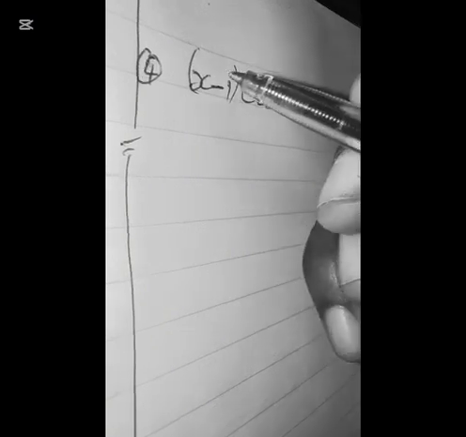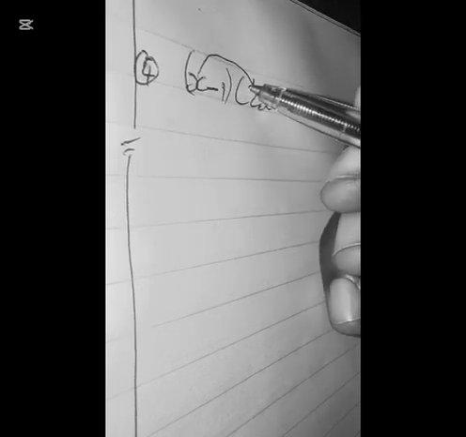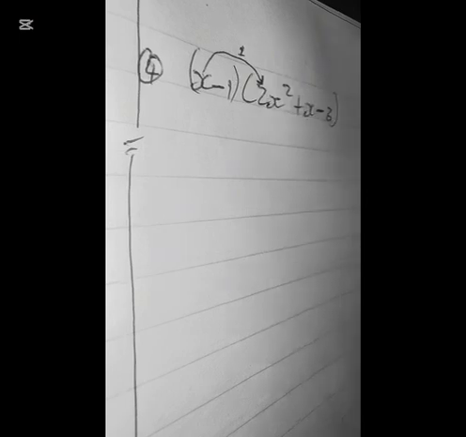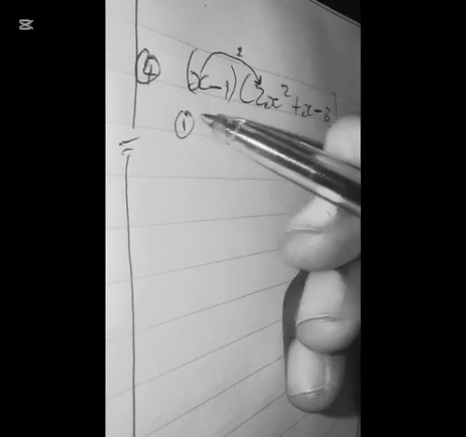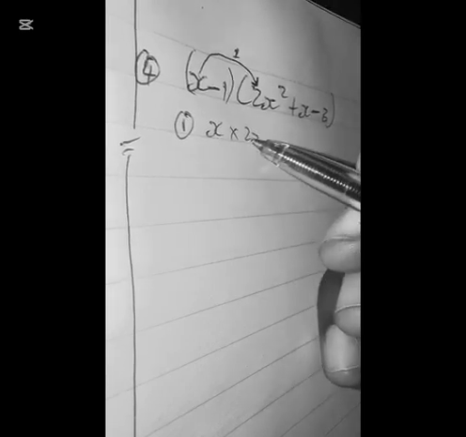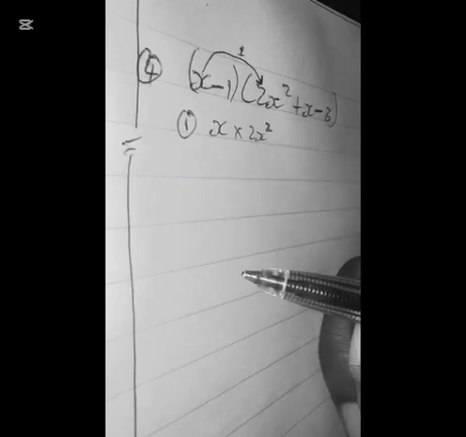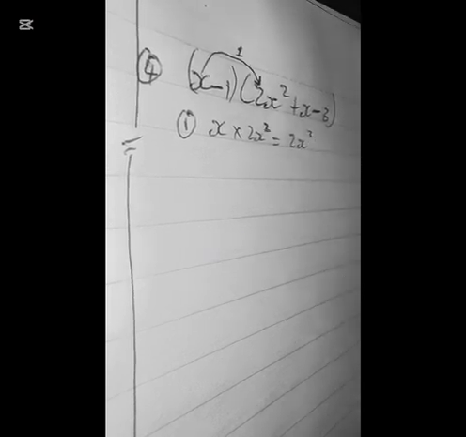But still, we use the same strategy to get the roots. This x will multiply this 2x squared, then it will be root number 1. Root number 1 is x multiplied by 2x squared, which gives 2x cubed.